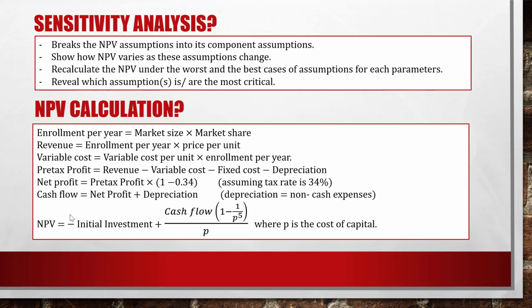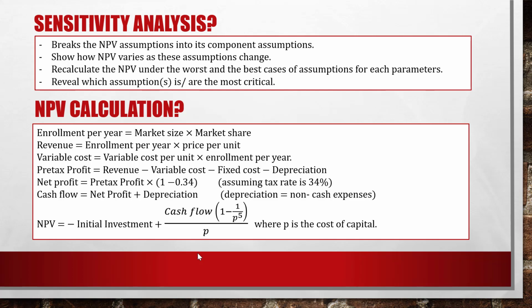And for the NPV, remember here we consider 5 years. If we consider longer terms, let's say 10 years or 20 years, we have to change the exponent of P right here. Here, P is the cost of capital, and we are considering a 5-year term.